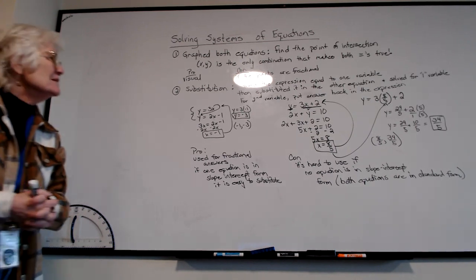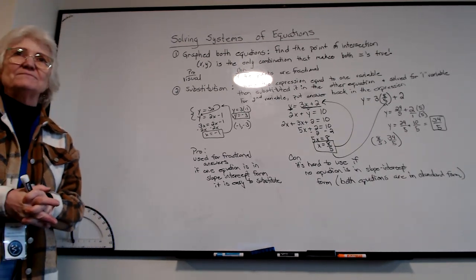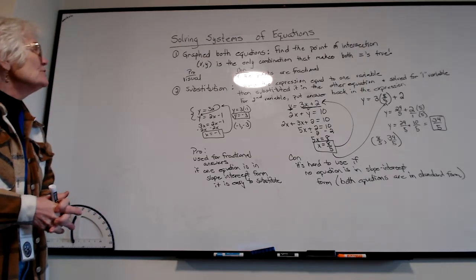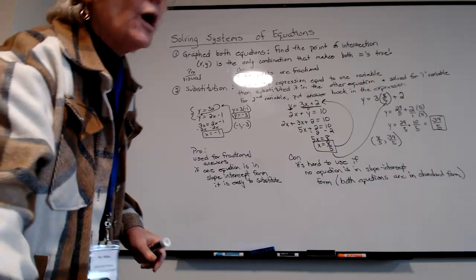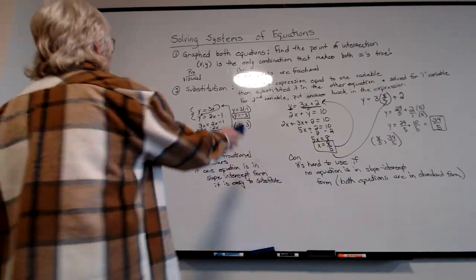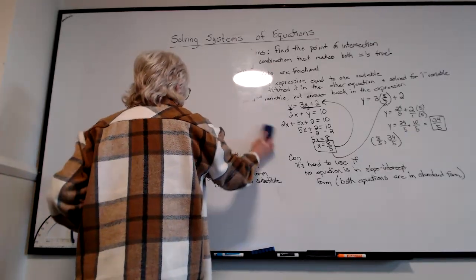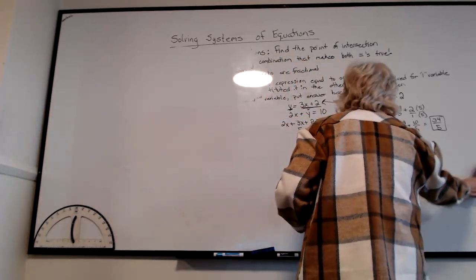Okay. So we're going to go into, does everybody have all this down now? Okay. We're going to go into what is the new method. I'm going to show you why we want to learn this method. It is called several different things.